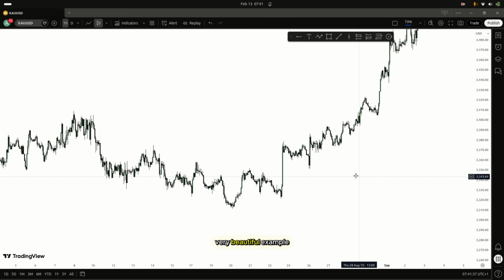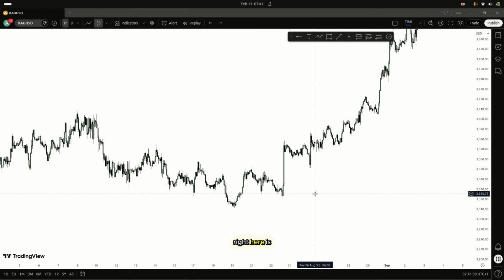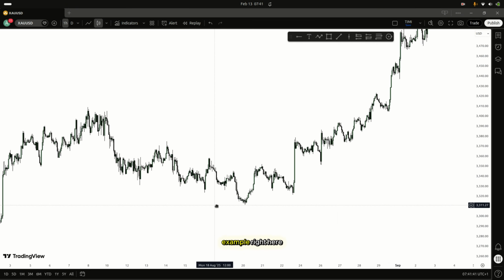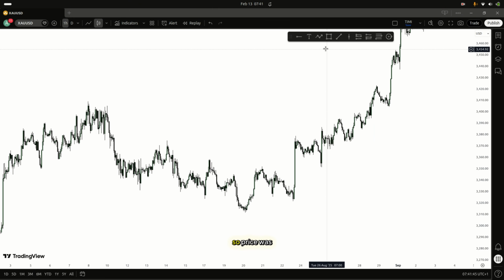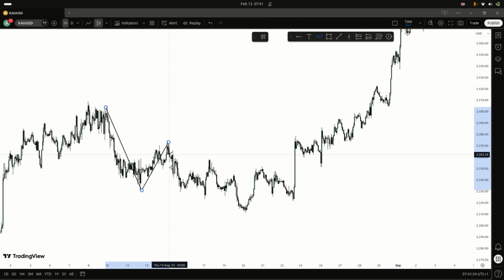So price was previously giving us a series of lower highs, lower lows, lower highs, lower lows, lower highs, lower low.